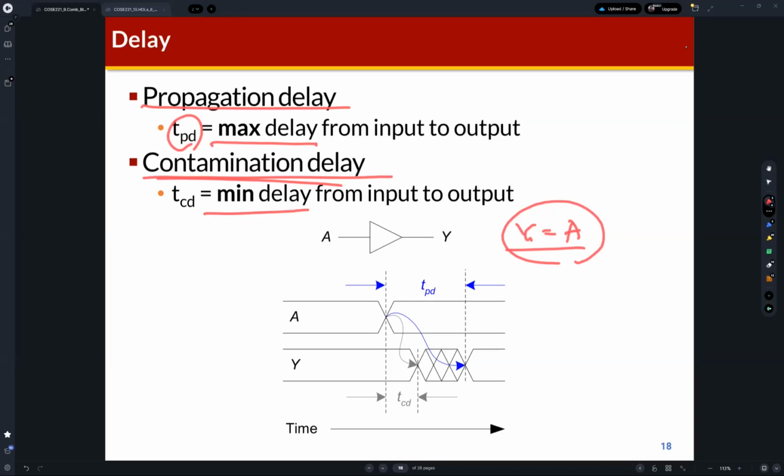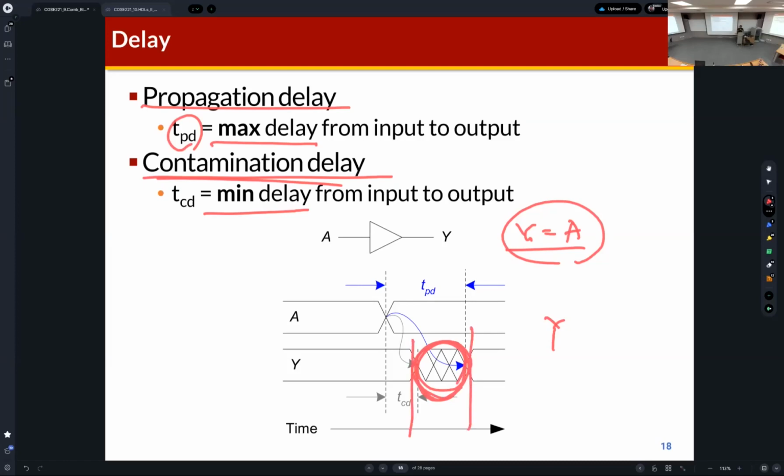It means that when A changes, Y can change at the tPD, the propagation delay, or Y can change after the contamination delay, the minimum delay, tCD. So in a circuit, Y changes within this timing window.